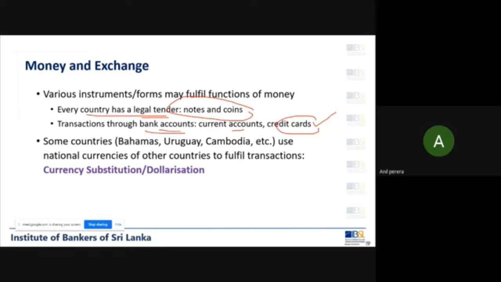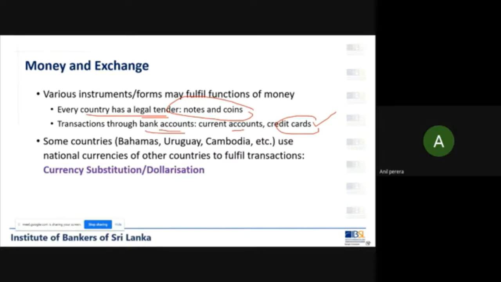But there are some countries that use currencies of other countries as their national currency or to fulfill their transactions. For example, Bahamas, Uruguay, Cambodia, and even, I was told, Maldives, I think Bhutan, all these countries use other currencies of other countries to fulfill their transactions.